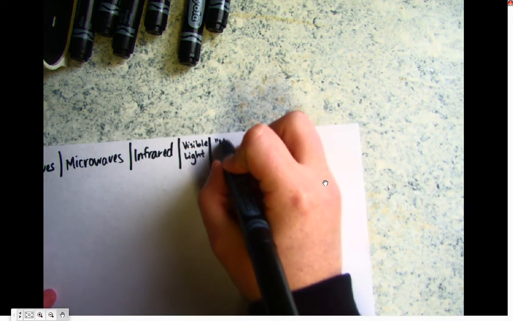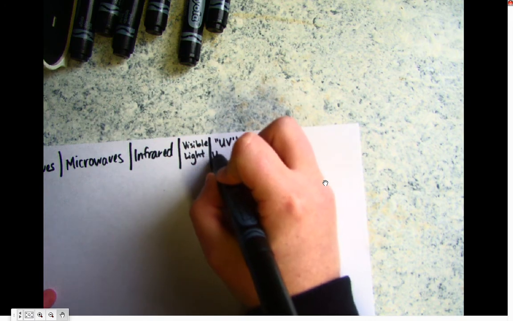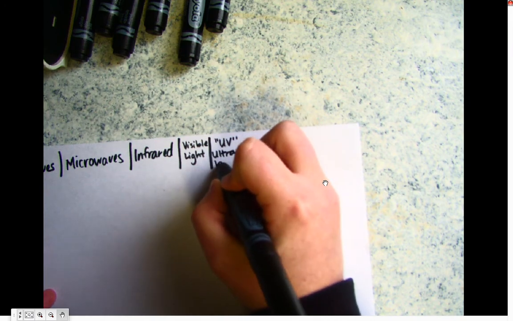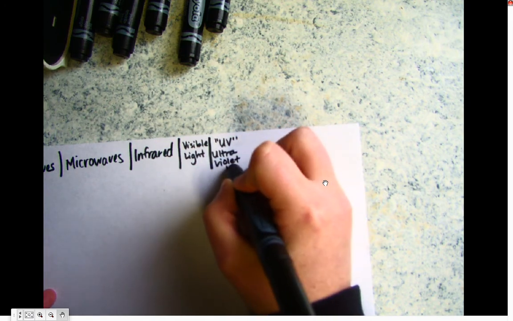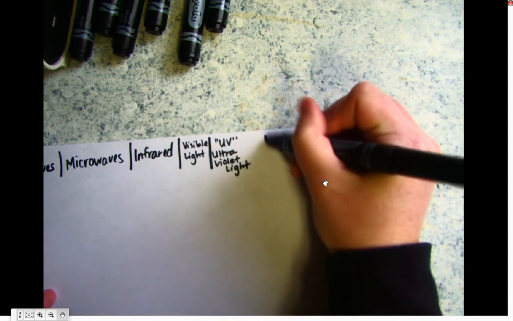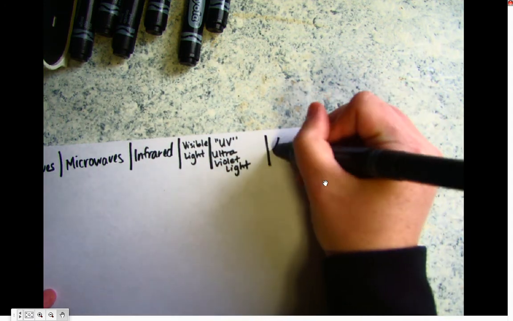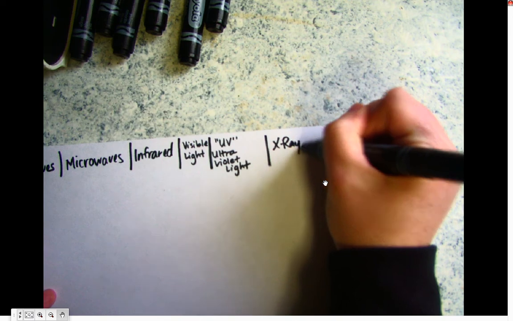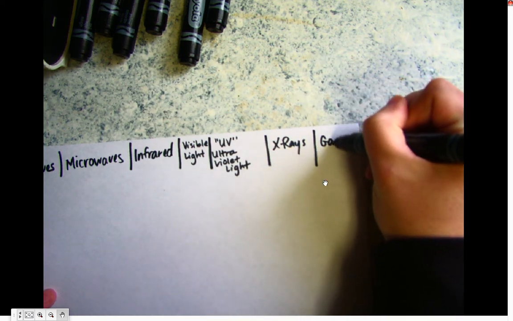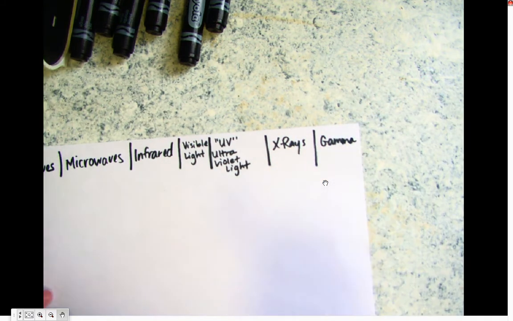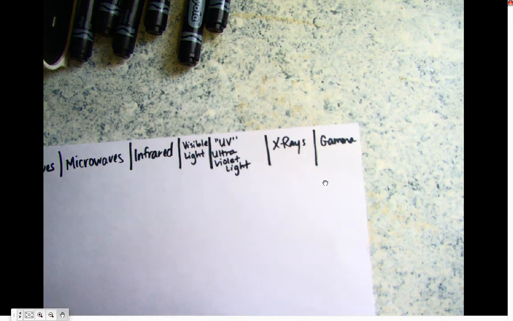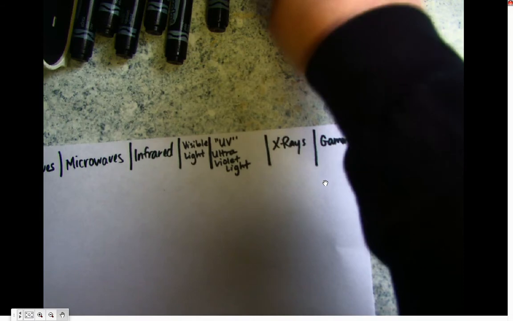Next, we've got UV, which is ultraviolet light. We've got X-rays. And then we've got gamma rays. Gamma rays kind of remind me of gas when we think about how they move, because they're crazy. They're moving crazily.